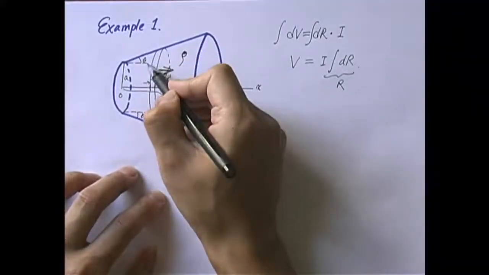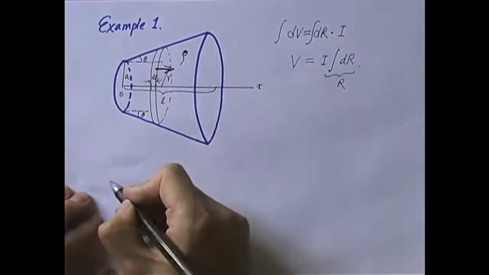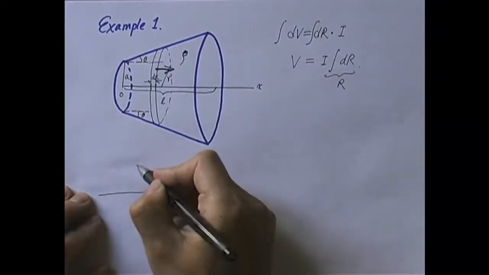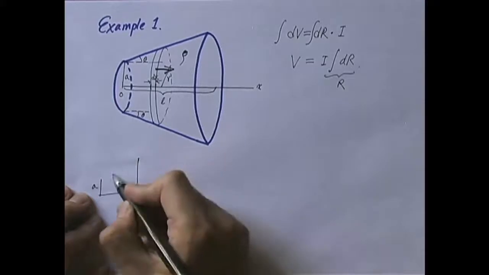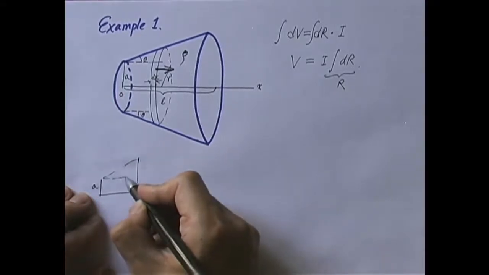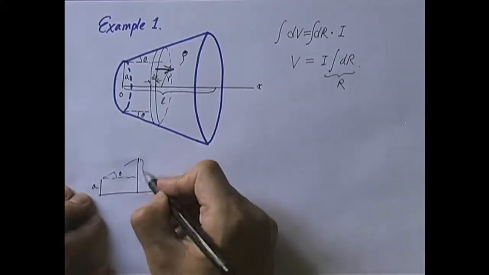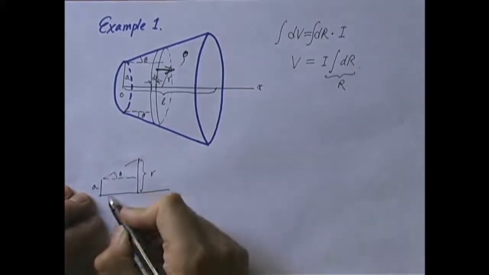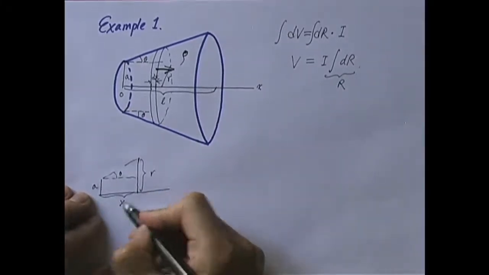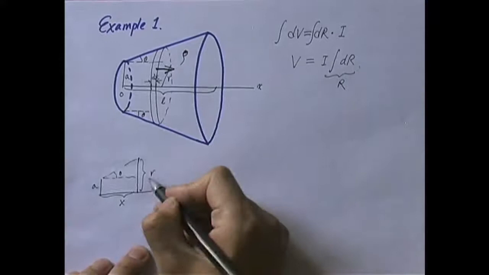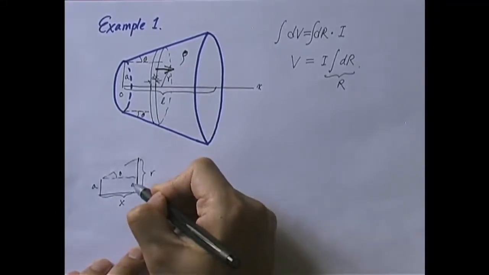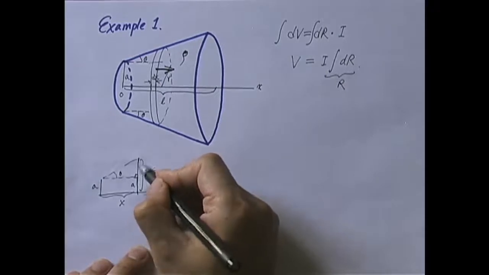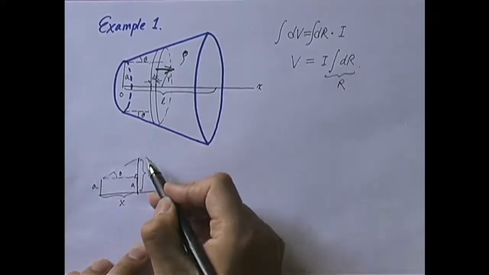Let me draw a simplified picture here so we can see it more clearly. This is A, and this angle is theta. This is R, that's what we're looking for. This distance is x. Now, what is R equal to? R equals this value plus that value. This value is just A. What about that value? There's a right angle triangle here, and I'm looking for this.